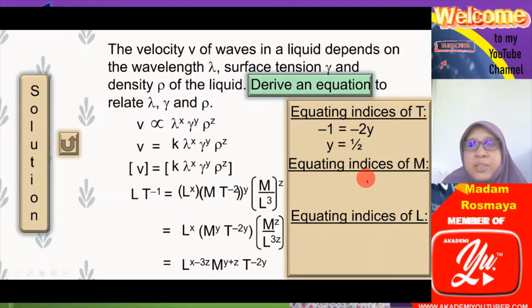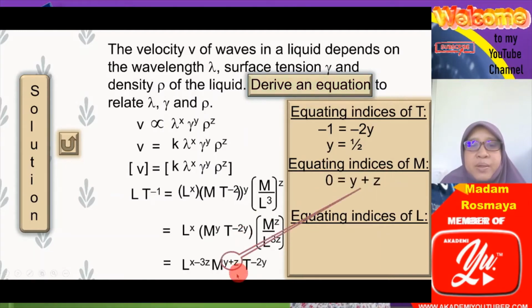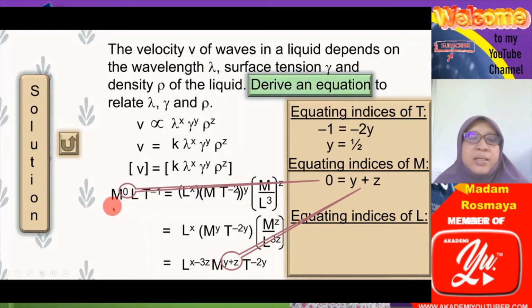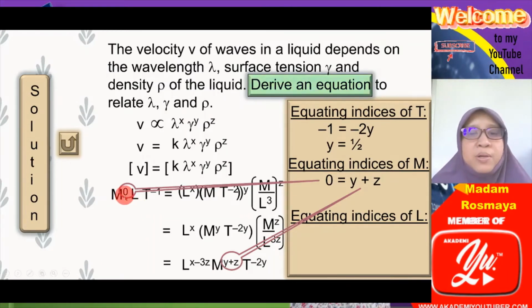Okay, next we do the same, equating the indices of M. Okay, so on the right side, the power for M is y plus z. On the left side, no M, so it is understood that the M here is to the power of 0. Because M to the power of 0 is equal to 1.